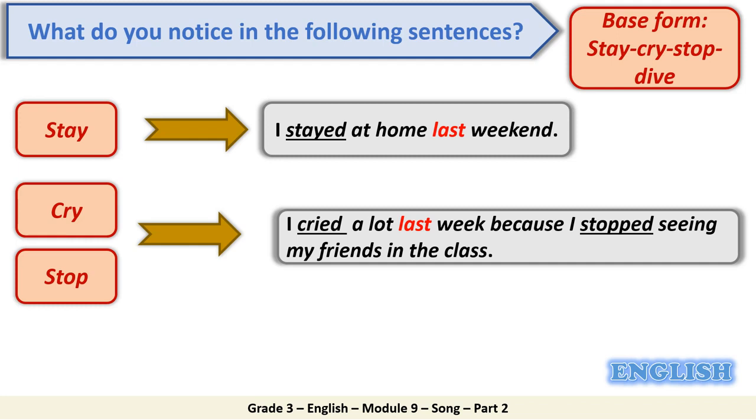Now, let's begin with the verb cry. Can you tell me, how did we form the past tense of the verb? Very good. We did so by erasing the Y and adding IED to form the verb cried.